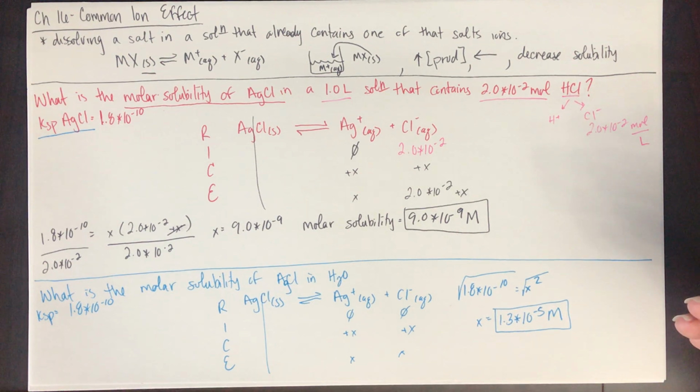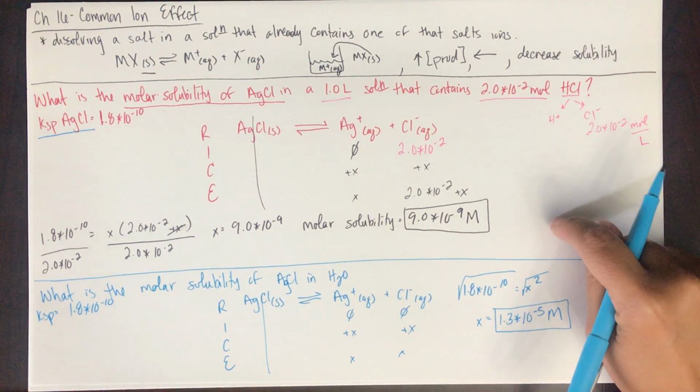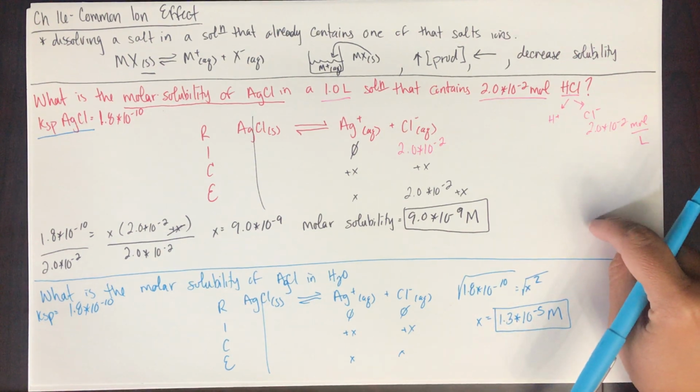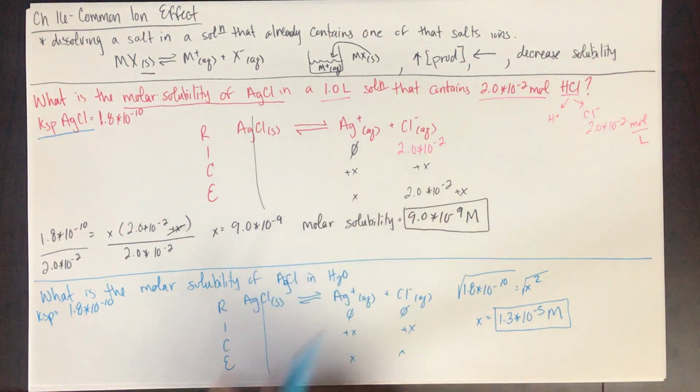Anytime you are doing a common ion problem, the molar solubility should be decreasing. If you're getting a molar solubility that is higher than the regular molar solubility, you know you've messed up somewhere. So this is the common ion effect. It shows how a salt's molar solubility decreases when you are dissolving that salt in a solution that already contains one of its ions.